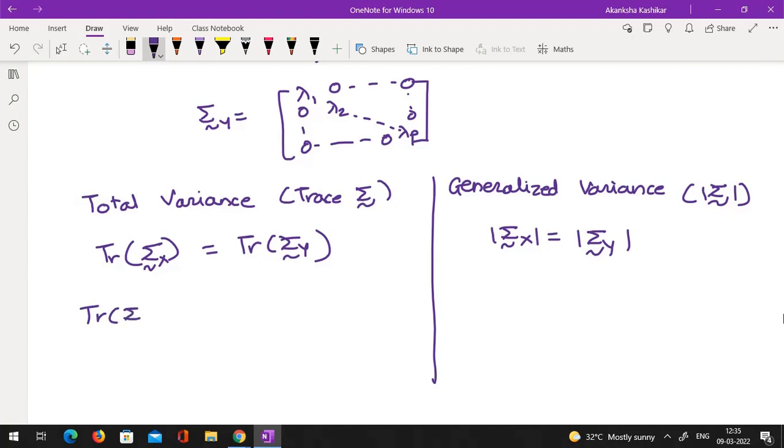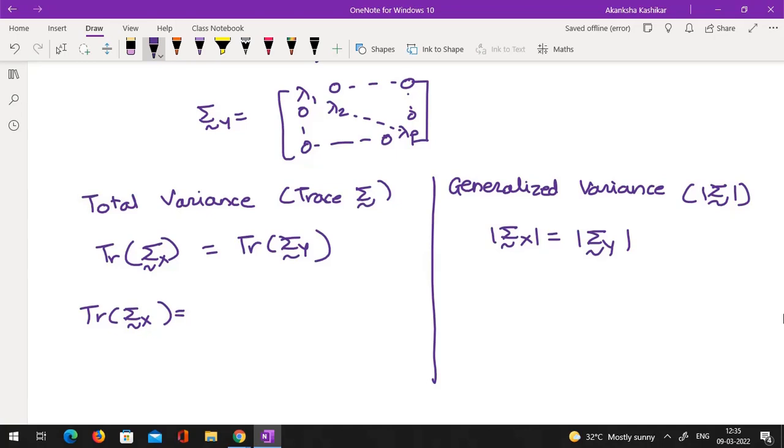Now trace of sigma x. What all things do you know about trace? What is the definition of trace? Sum of the eigenvalues.